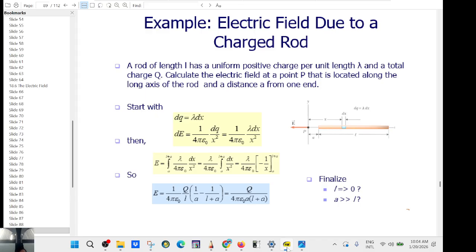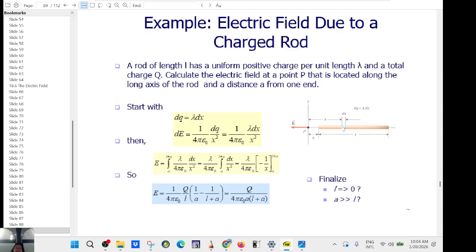For example, we have an example here to see how it works. This is not infinitely long. It goes from x equals a to x equals a plus l. Do you agree?